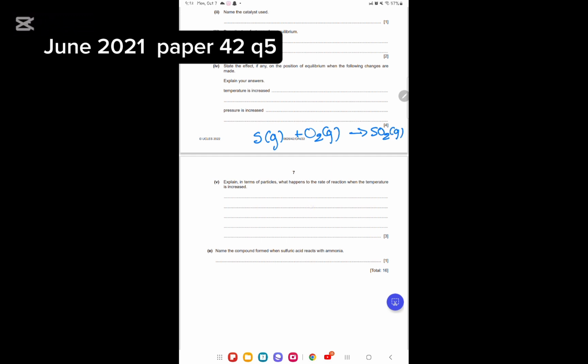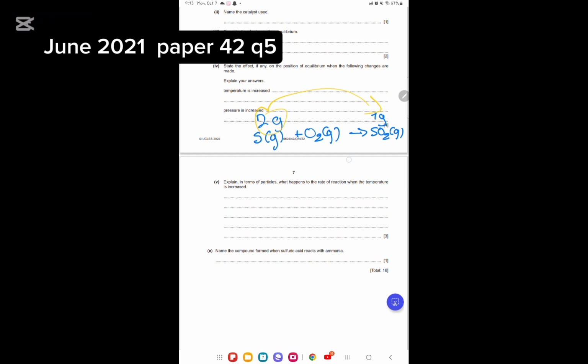So here we have two gases, and here we have one gas. We have more gases on the left hand side. So if we increase the pressure, it's going to move from the two gases to the one gas, so it's going to move to the side with fewer gases.